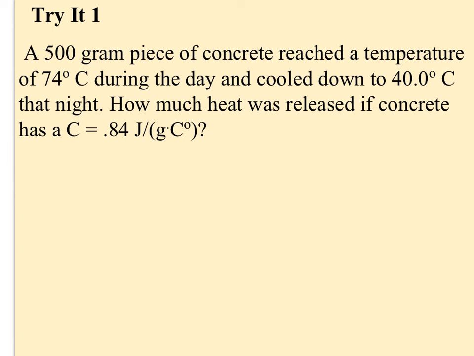What's my unit? Well, remember 500 is grams, 0.84 is joule per gram Celsius degree, and this was degrees Celsius. So you notice that the grams cancel, the degrees Celsius cancel. So this label is joules, or if you want to, you could convert it to kilojoules, which is often done. It'd be about 14.3 kilojoules.